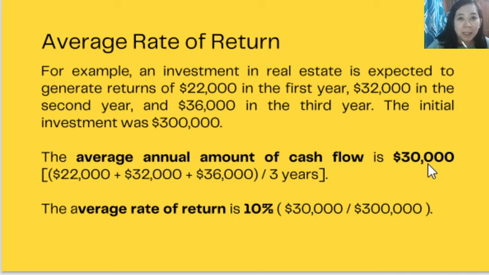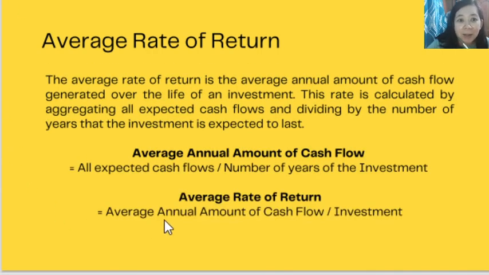After we determine this figure, we can now proceed to the computation of the average rate of return. If you still remember our formula, we have average amount of cash flow divided by our investment.